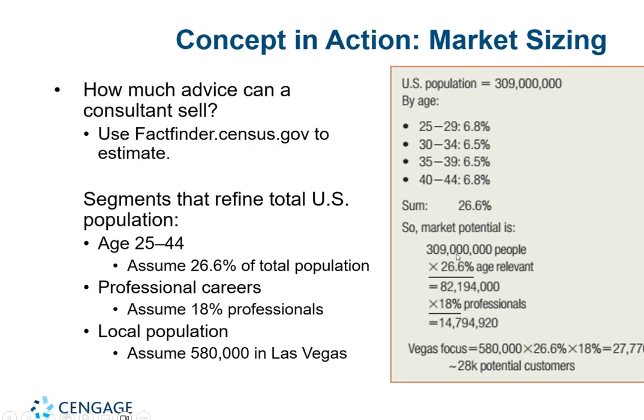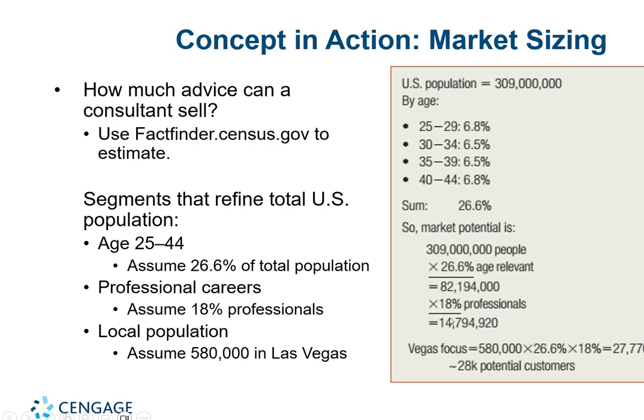So we multiply 309 million times 26.6%, and we have a potential market size of about 82 million people. Now, we decided we're aiming for business professionals, and only 18% of this age group fall into this. So we multiply our 82 million by 18%, and we're left with about 15 million.